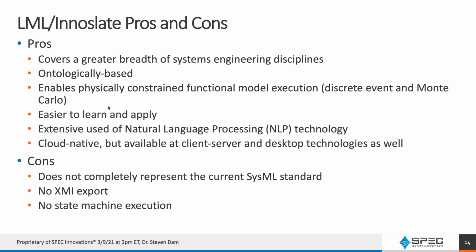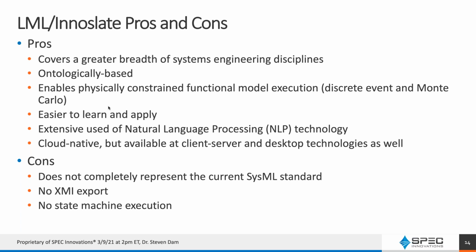We've been pretty happy with the discrete event Monte Carlo capabilities we have with the functional modeling that we do in the action diagram, which is similar to an activity diagram. You can translate a state machine diagram into an action diagram as well. In fact, we highly recommend taking that approach.